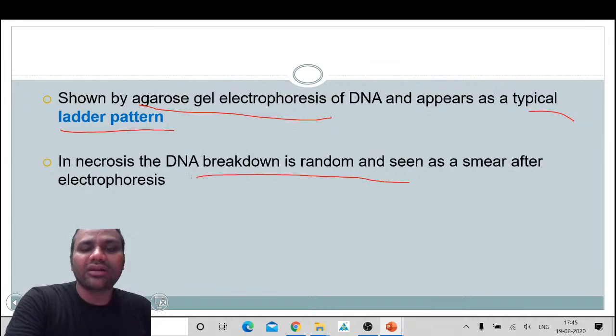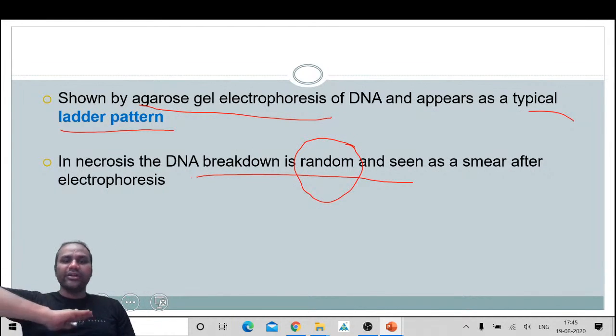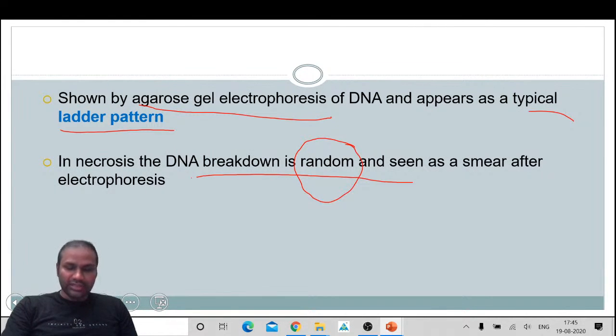Necrosis will show a smearing pattern. In necrosis, DNA breakdown is random, and because of that randomness, it's like smearing of a sample on a slide.